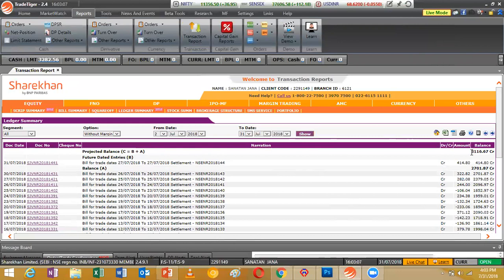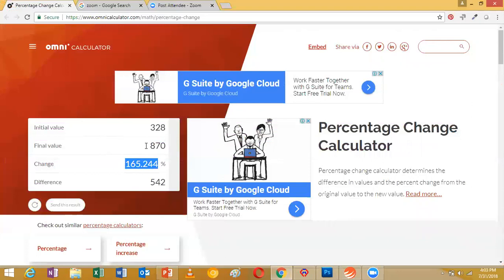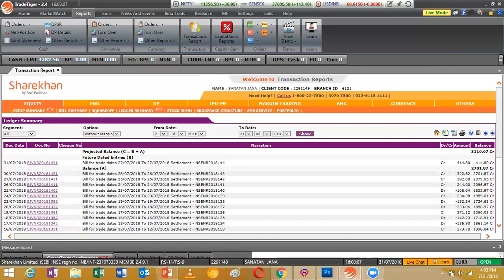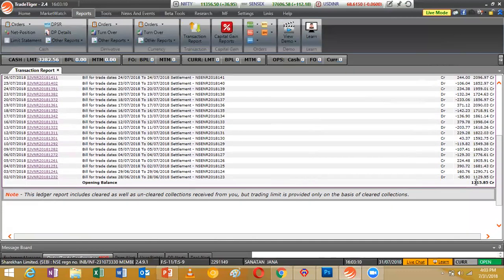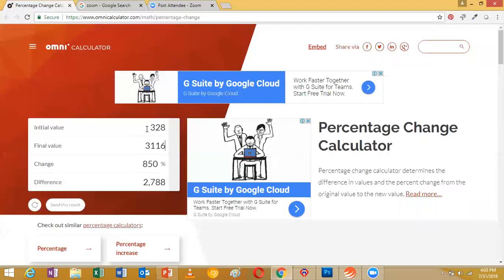Okay, so I'm going to enter this value 3116, and the initial value I'm going to change to 1215. So almost the same type of returns in this also. Okay, so you have made 156% returns in this, roughly.